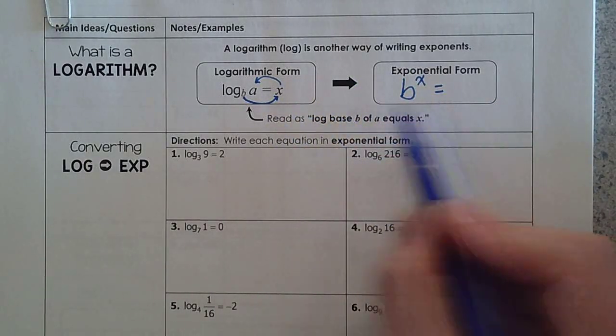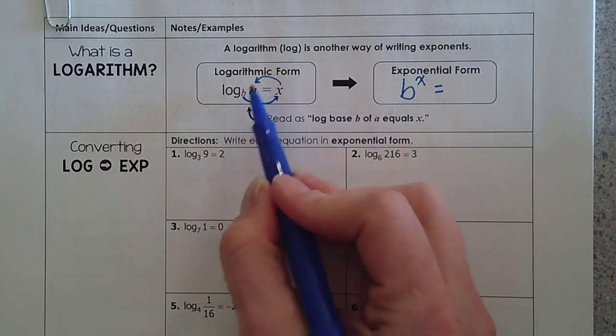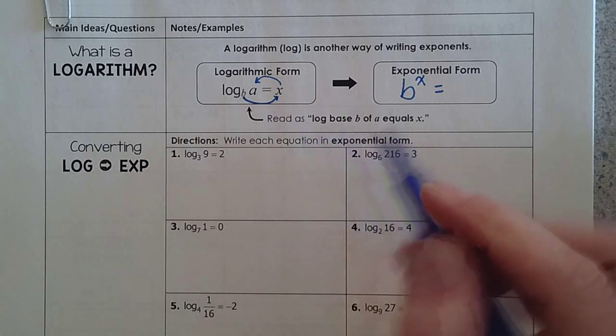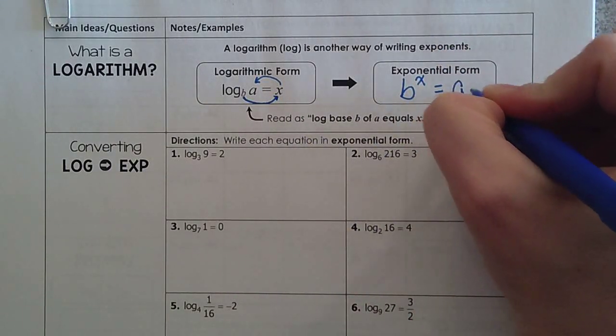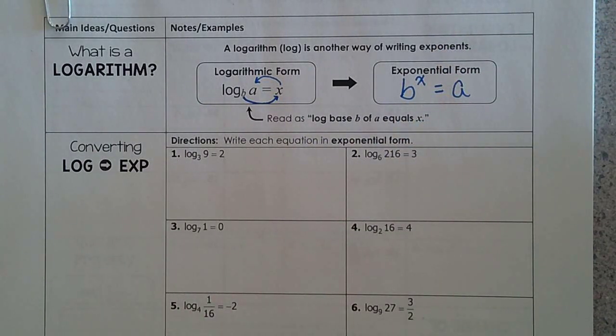And this value is what the exponent would equal. So equals a. Okay, so two ways to write the same thing. And then depending on where my variable is, I choose one form or the other so that I can calculate it, so that I can solve it.